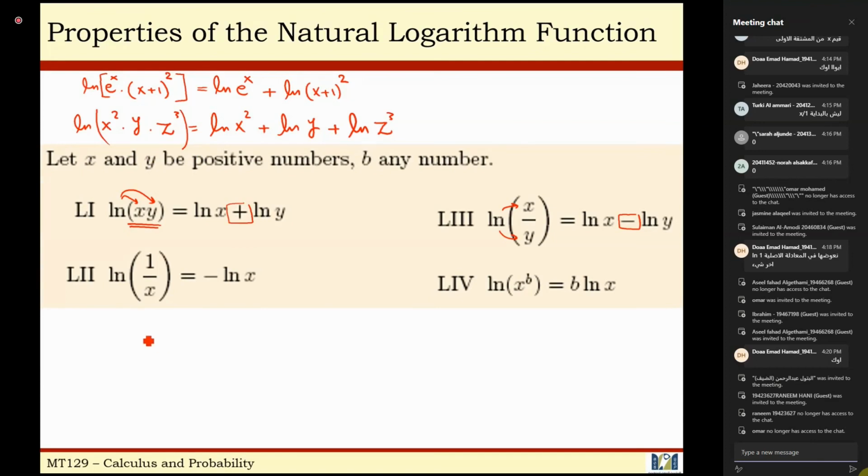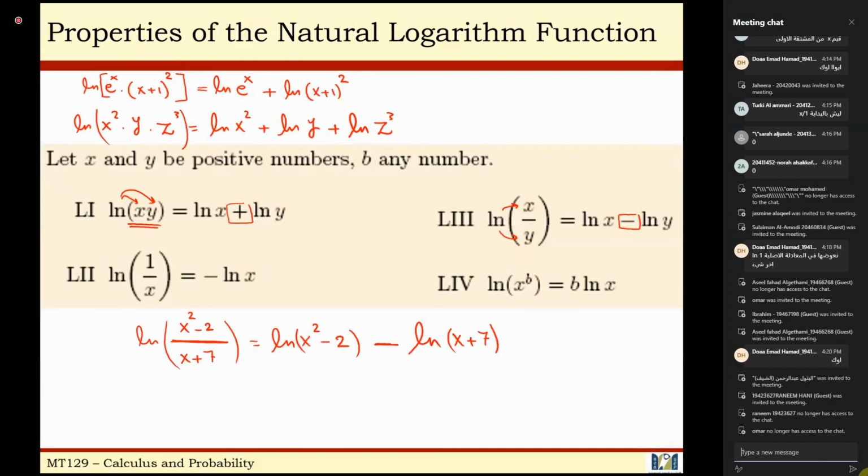Also, if we have, for example, ln of a numerator x squared minus 2 over a denominator, for example, x plus 7, we can distribute this ln over the numerator and denominator. So we have ln (x squared minus 2) minus ln (x plus 7), like this.